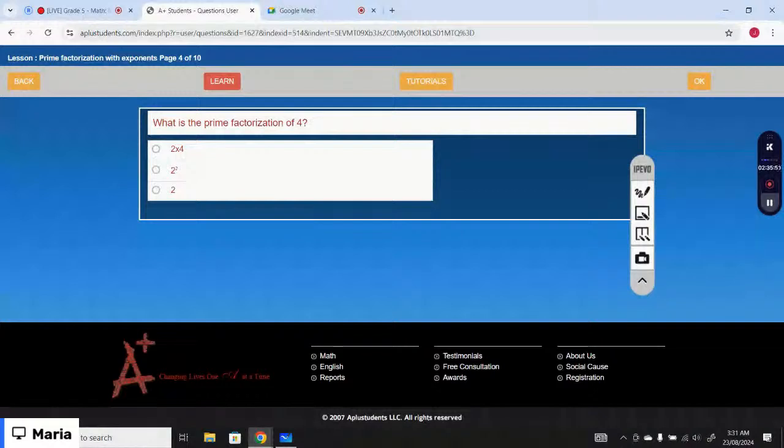Where are they coming from? The correct option is 2 exponent 2. Option number 2 is the correct option.